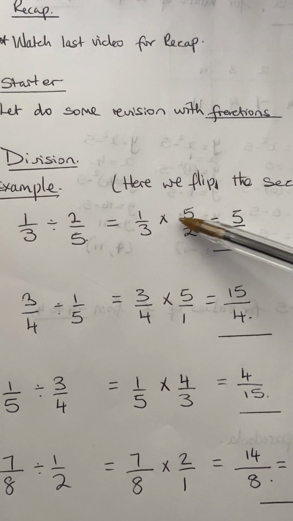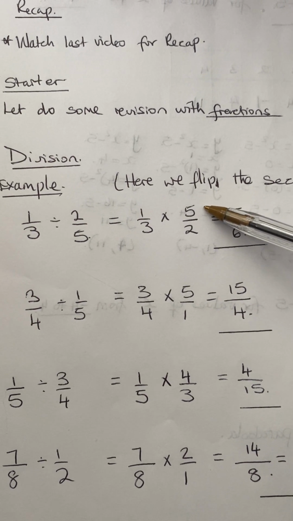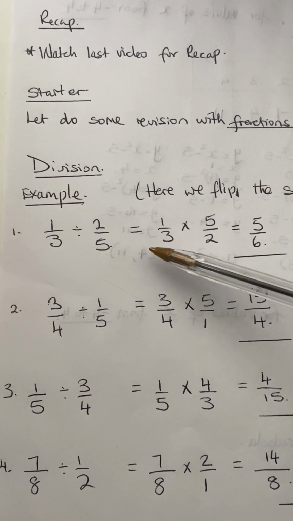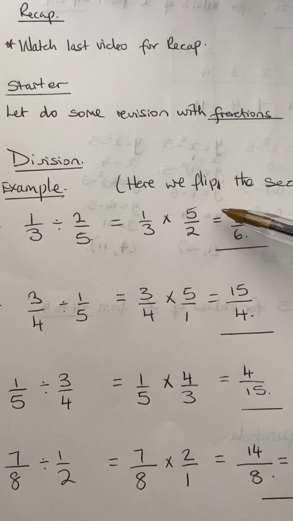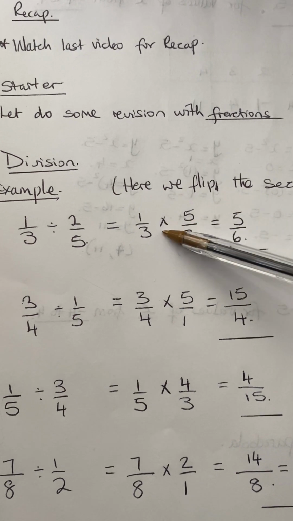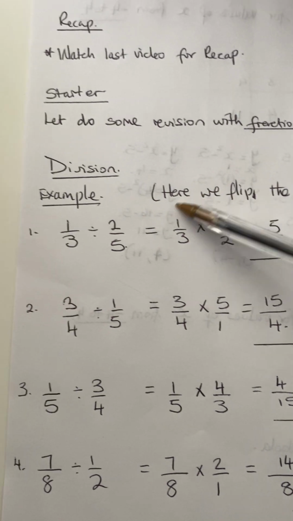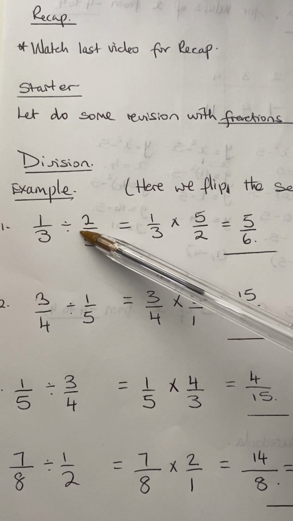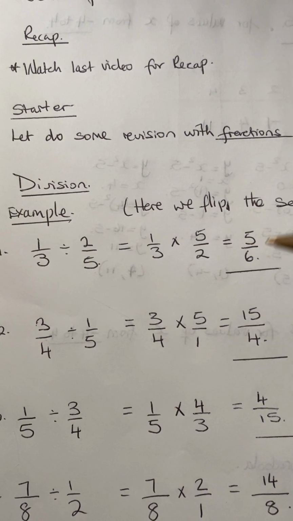Now, you can multiply the numerators together and the denominators together. So I have 1 times 5, which is 5, and 3 times 2, which is 6. So if you divide 1/3 divided by 2 over 5, your answer becomes 5 over 6.